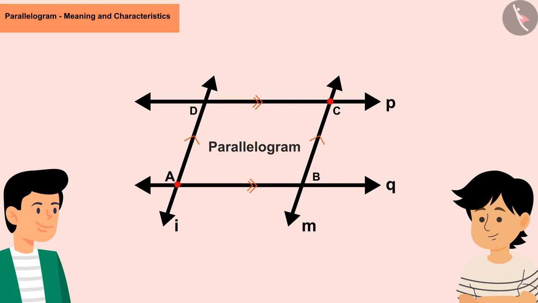Join the vertex A to vertex C and vertex B to vertex D. We find 2 diagonals AC and BD of the same quadrilateral intersecting at the point O. Now cut the shape ABCD with scissors.